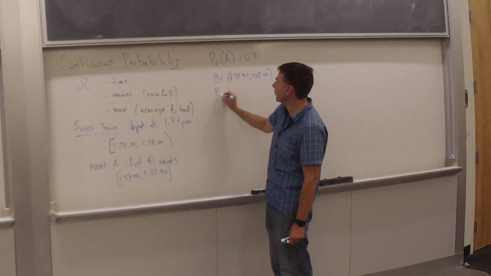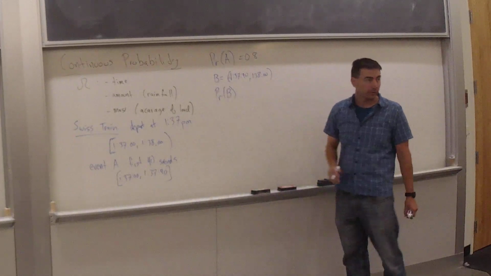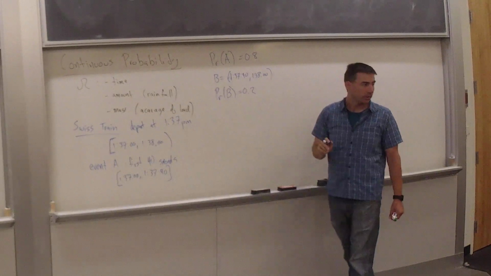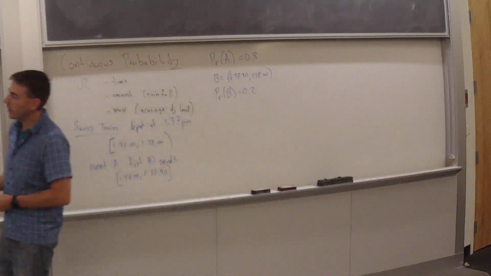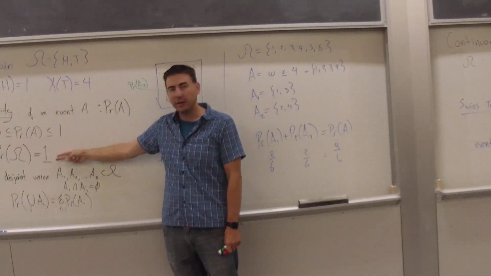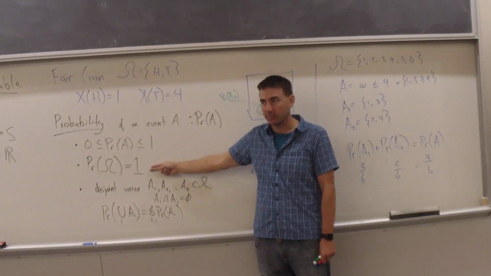And then it would have to be that the probability of B, if this is really a probability function, has to be 0.2. Okay? I know they both have to be in this range between 0 and 1, and they satisfy that. Everything needs to add up to 1. Okay? I need to have everything add up to 1.